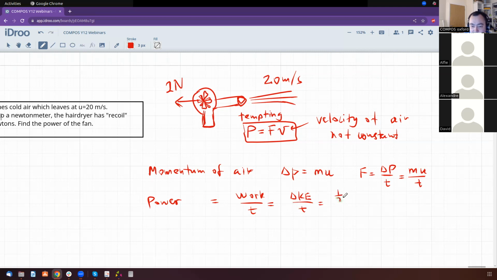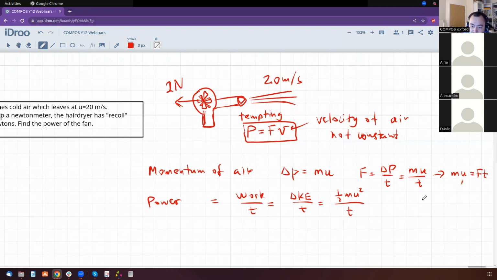So it's 1/2 mu squared divided by t. And mu from here is equal to ft.